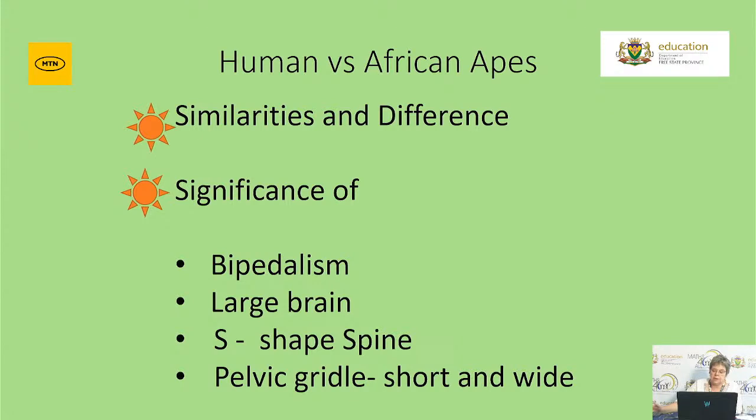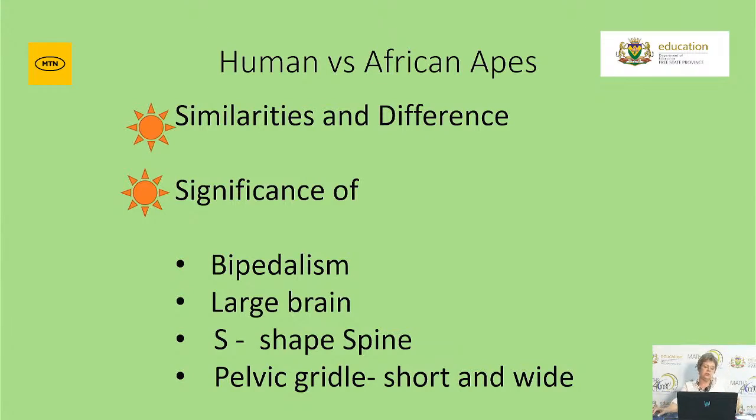The larger brain, with the skull that enlarges, so the brain also enlarges, so more information can be interpreted, more coordination, speech, and hand coordination is better. Your C-shaped spine that is going to an S-shaped spine is for balance and to distribute weight evenly, so when you are standing up you can do that, and also the significance of the pelvic girdle.